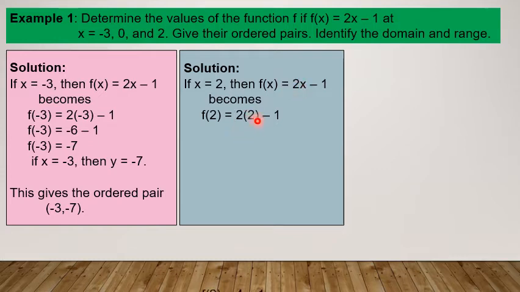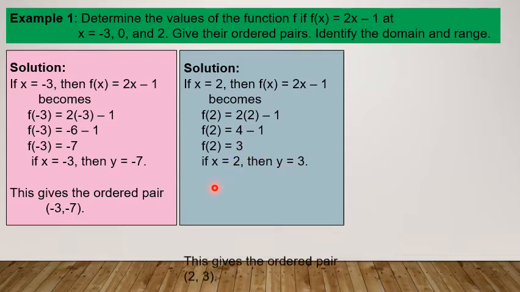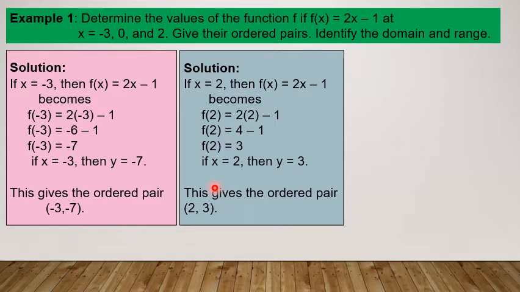Now multiply 2 times 2, so f of 2 equals 4 minus 1. And 4 minus 1 is 3. So if x equals 2, then y equals 3. This is the result for y, or the range, and this is the domain. This gives the ordered pair 2, 3.